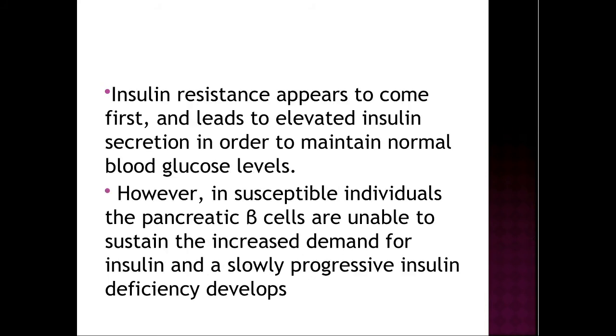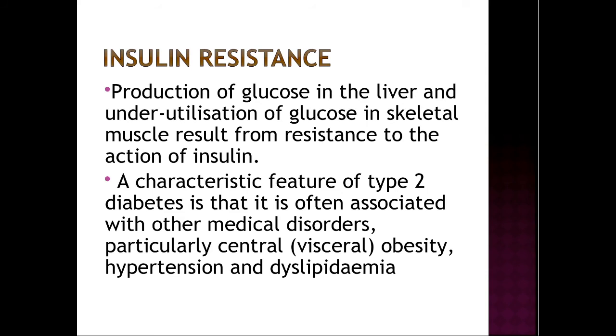Insulin resistance appears to come first and leads to elevated insulin secretion in order to maintain normal blood glucose level. However, in susceptible individuals, the pancreatic islet beta cells are unable to sustain the increased demand for insulin, and a slowly progressive insulin deficiency develops in this patient.